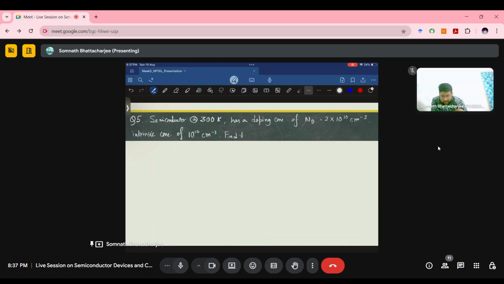Find the number of holes at room temperature. So we have to find the hole concentration at room temperature. You can find it easily.